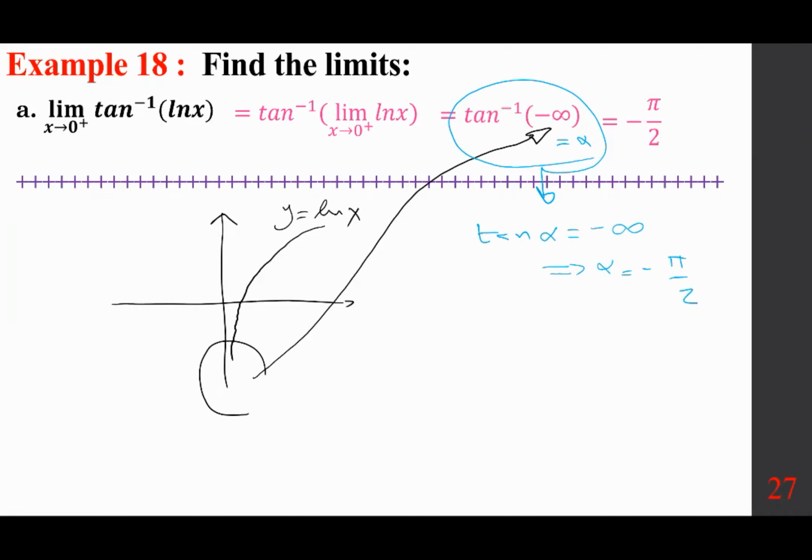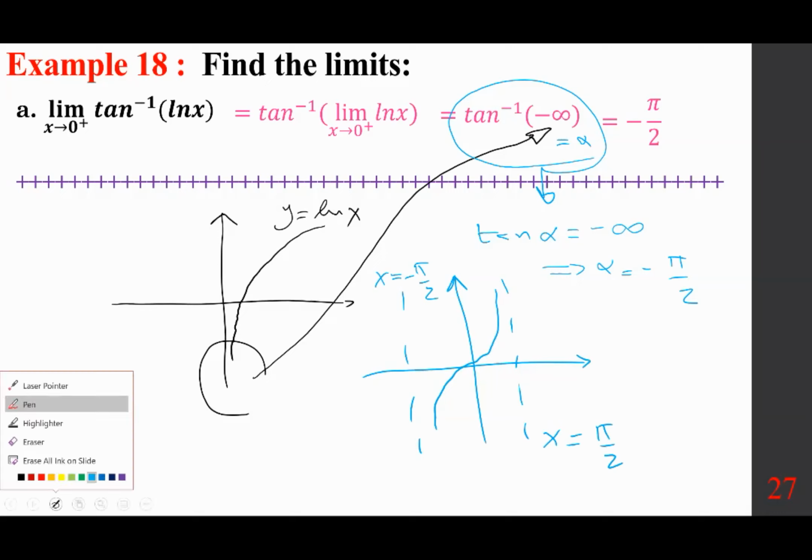Again, if you have a difficult time remembering this, the graph I just gave you, of course, it looks like this, almost like y equals x cubed. This is x equals minus pi over 2. This is x equals pi over 2, and this function is y equals tan x.